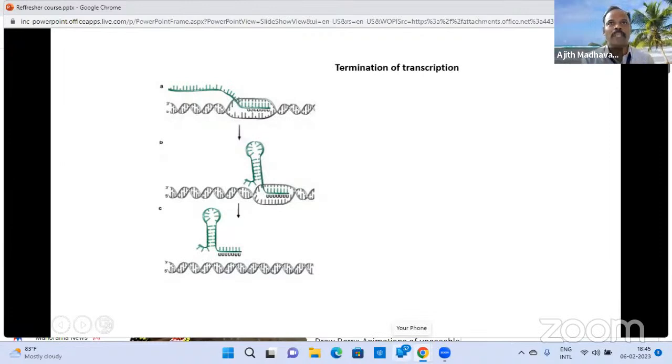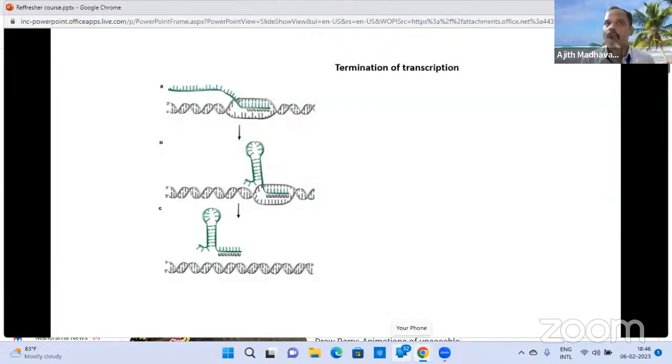There are 2 ways of stopping. One is called Rho dependent. Another is called Rho independent. Rho meaning RHO. So Rho is a protein basically. One of the processes is dependent on this protein, hence it is called Rho dependent.